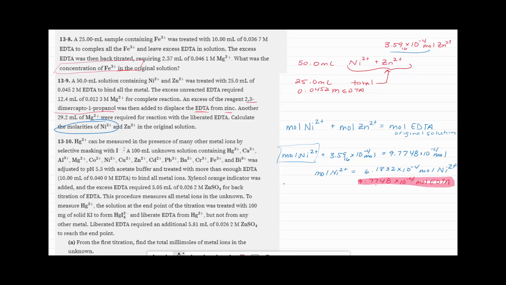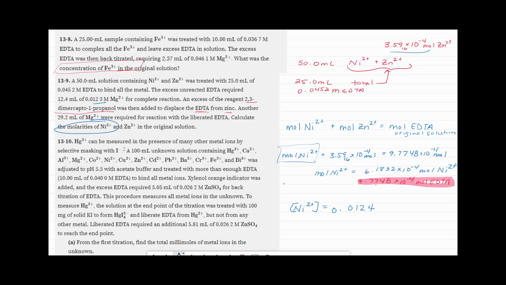So with the moles of nickel in your calculator, divide that by the sample volume in liters, 0.05, and get that the nickel concentration is 0.0123, and I get a 3.6. I would round that to 4.